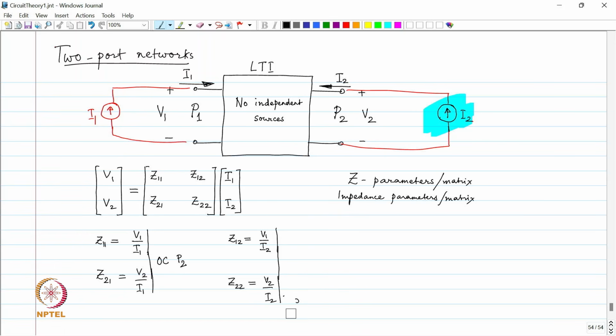It is a single experiment that we will do with two measurements. What is the experiment? Open circuit port 1 and push 1 ampere into port 2, measure V 1 that will give me Z 12 and measure V 2 that will give me Z 22. Okay. This is the plan. Let us do an example.